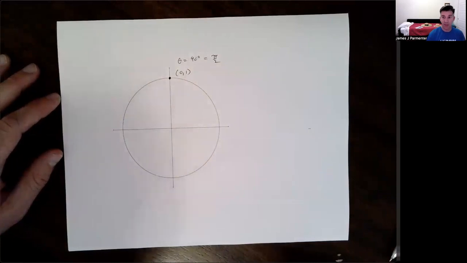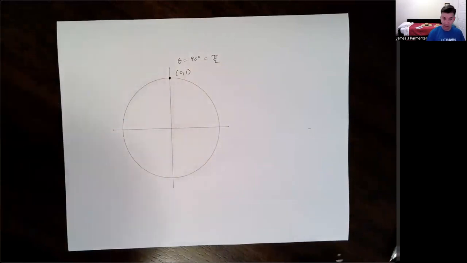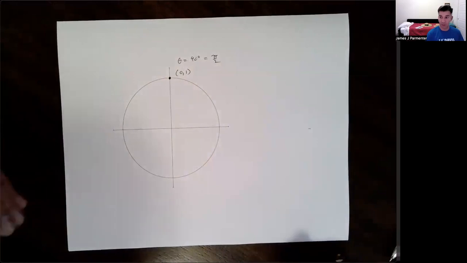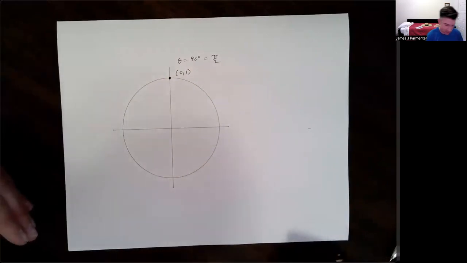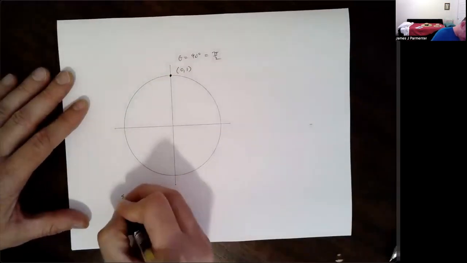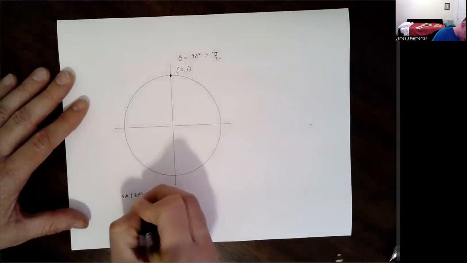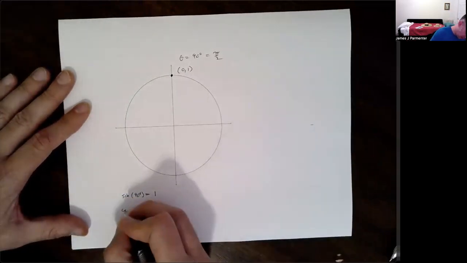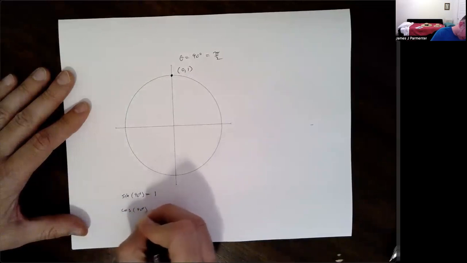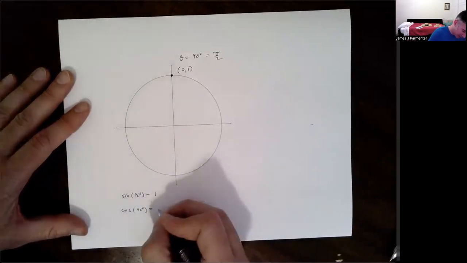And so if I just apply the same logic that sine of theta is the y-coordinate, cosine of theta is the x-coordinate, tangent is y divided by x, look what happens. Sine of 90 degrees is the y-coordinate, which is 1. Cosine of 90 degrees is the x-coordinate, which is 0.